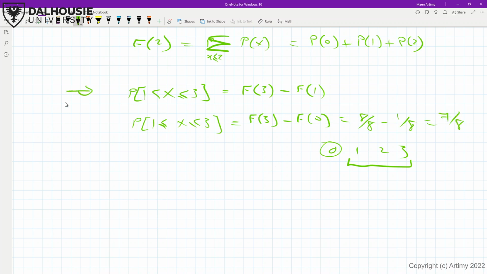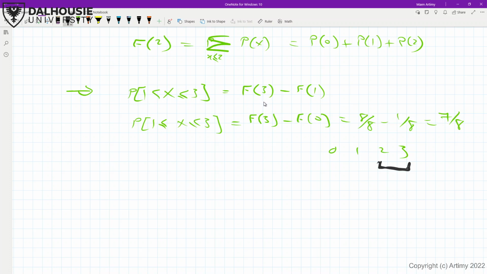How about this one? If I go back to my drawing, this includes 3, right? And anything greater than 1. So everything from something greater than 1 up to 3. So this includes these values only.